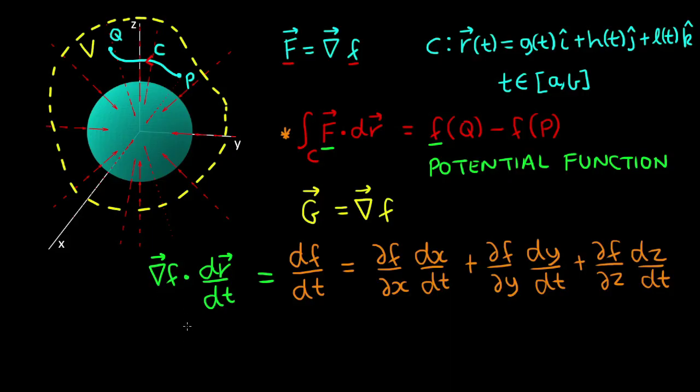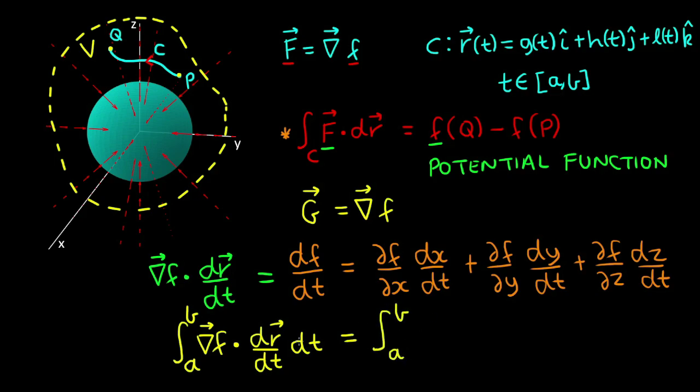Therefore, if we take the line integral of this dot product between the gradient of f and the velocity vector with respect to t along the curve, we're integrating from t equals a at point P to t equals b at point Q. Using this relationship, we have the integral from t equals a to t equals b of the derivative of the scalar function f with respect to t, dt.